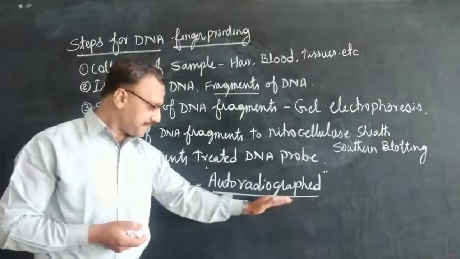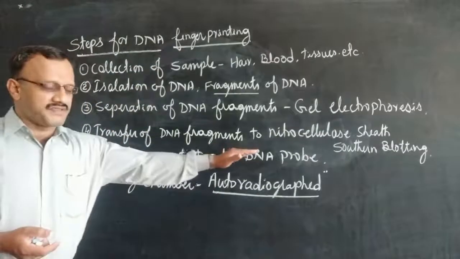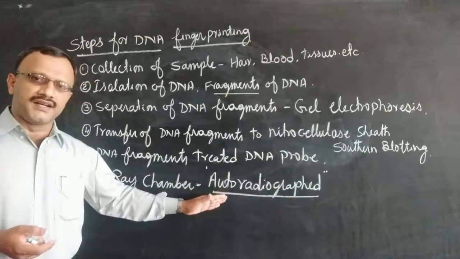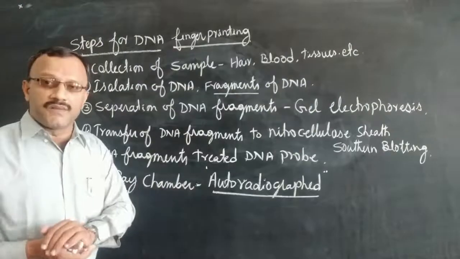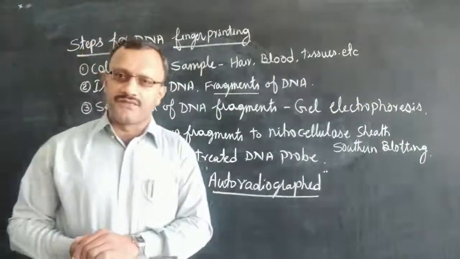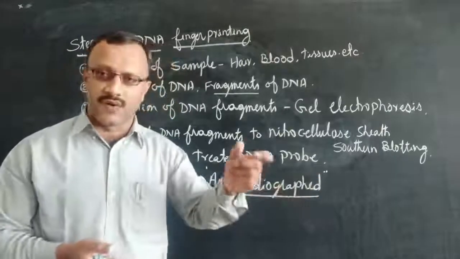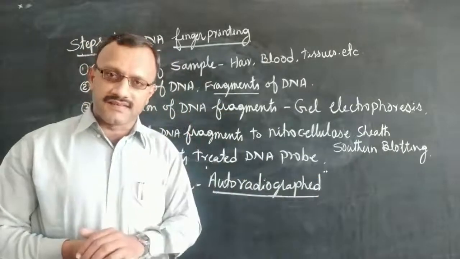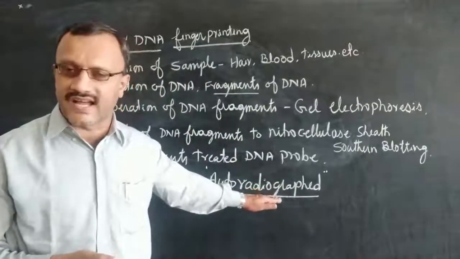I'll repeat. Once the DNA fragments have been treated with DNA probe, it will be autoradiographed under X-ray chamber, where it will be observed the number of VNTRs or mini satellites which have been found at a particular location, and all those details will be collected in the form of an autoradiograph.